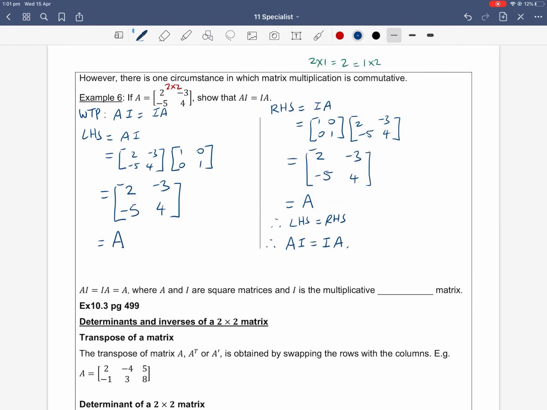That's why we call it the identity, because it gives the original back. So IA equals AI, which is A, because of the definition of the identity matrix, and I is the multiplicative identity matrix. It's like how in our number system, 1 is that special number where anything times 1 is itself.